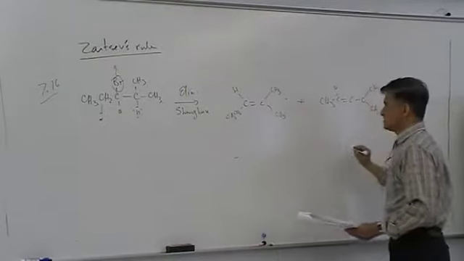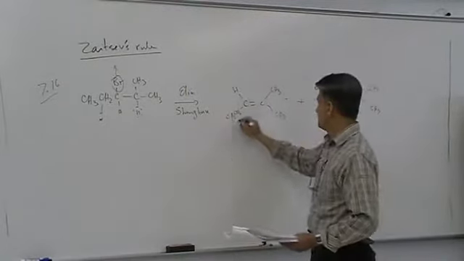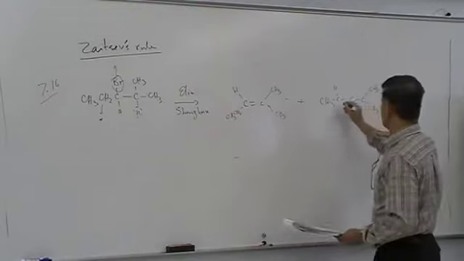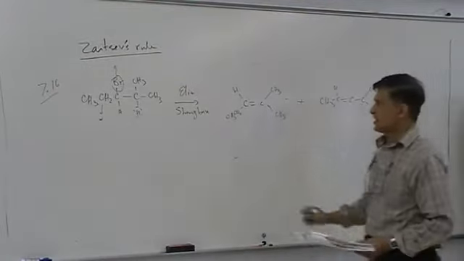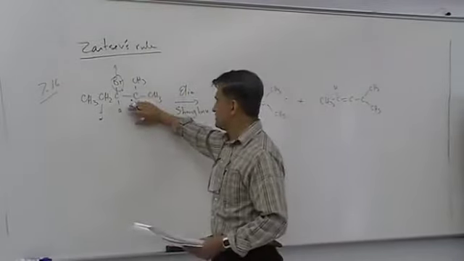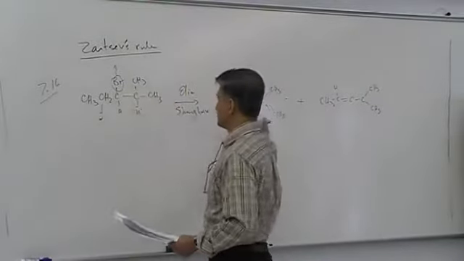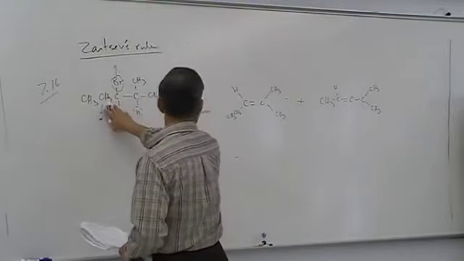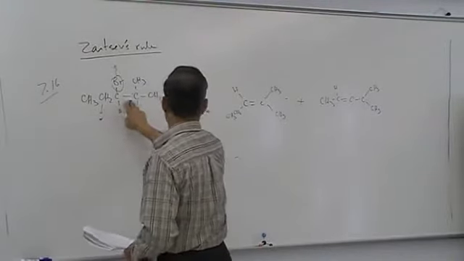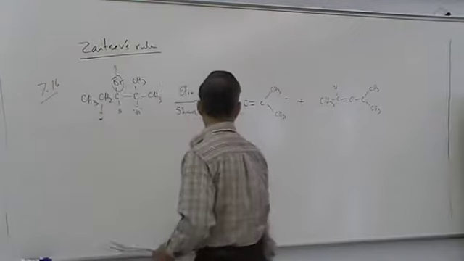Let's make sure that I have the same number of carbons. 1, 2, 3, 4, 5, 6. 1, 2, 3, 4, 5, 6. Yeah, I have the right number of carbons. So in one case, you remove hydrogen from here and make a double bond here. That's this case. Or remove it from here. So that's C, CH3, CH, double bond, C, then this C, and then 2 CH3.